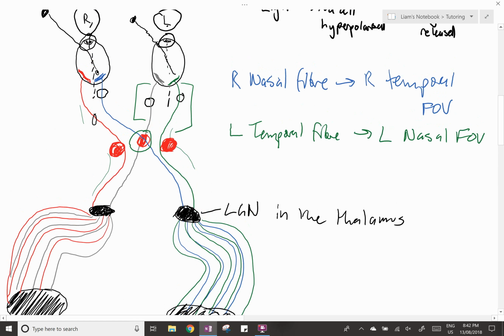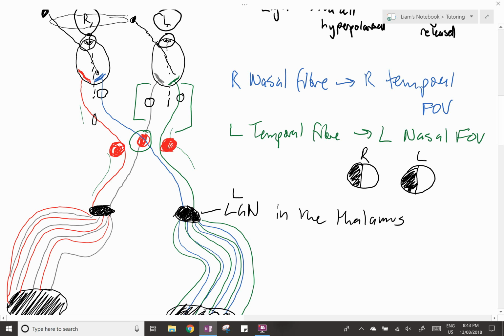our left lateral geniculate nucleus is picking up the signal from our right temporal field of view and our left nasal field of view. These bits together, you can imagine if we have our fields of view like this, right eye, left eye, our right temporal field of view, and our left nasal field of view.